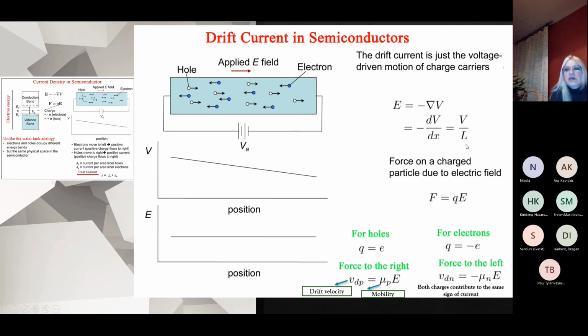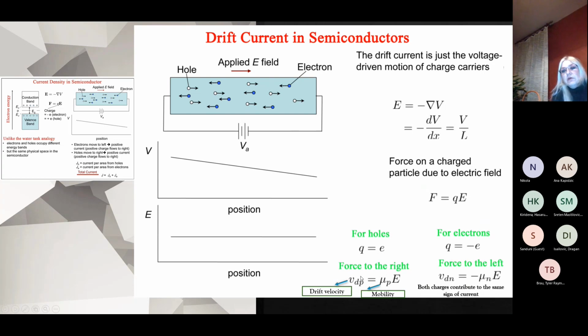And when we have charged particles, we also have a force on the charged particles due to the applied electric field. This force is just equal to the charge times the electric field. For instance, for the holes, which have a positive charge, the force to the right we can write down as a drift velocity.